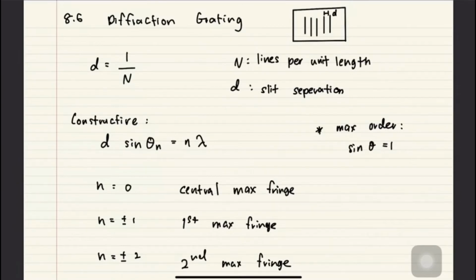Okay. You have a formula for d, which is d equals 1 over N, where N is the number of lines per unit length. For example, N equals 100 lines per mm. It means 1 mm has 100 lines. There are very many lines. So if you want to calculate the separation, you take 1 over this.